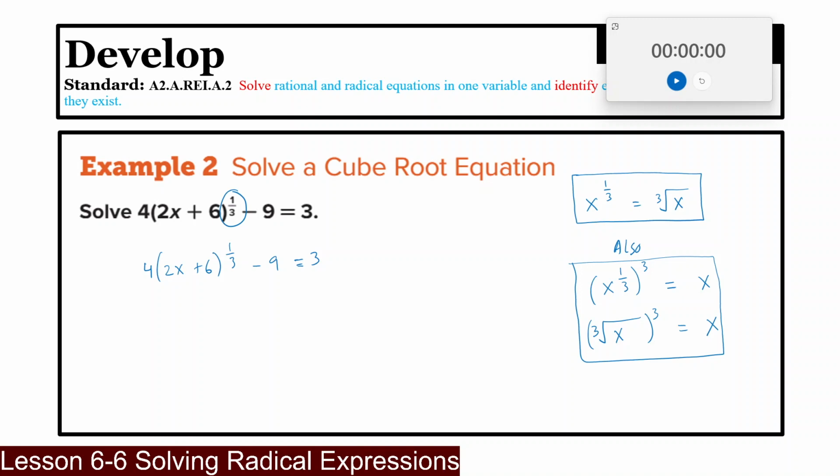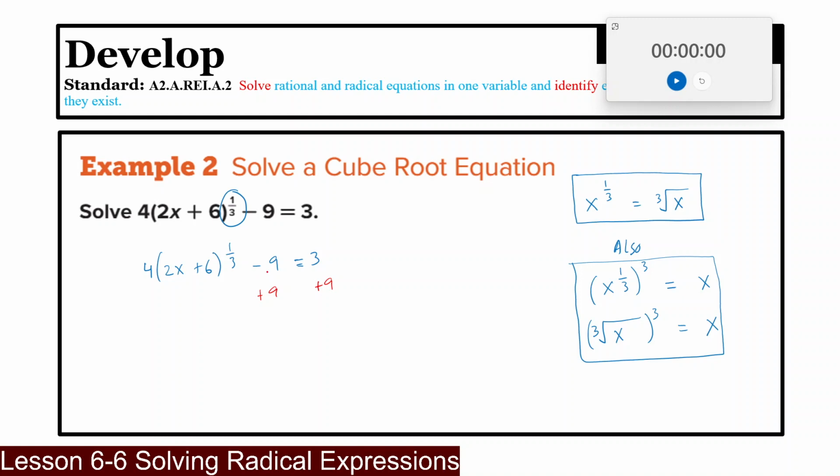Do I have the radical part by itself right now? No. I have a 4 being multiplied and 9 being subtracted. So I need to get rid of those two things first. Now, PEMDAS tells me that I need to do multiplication division first, but this is not PEMDAS. This is solving, so this is the opposite. So I'm going to do addition subtraction first. So I'm going to add 9 to both sides.